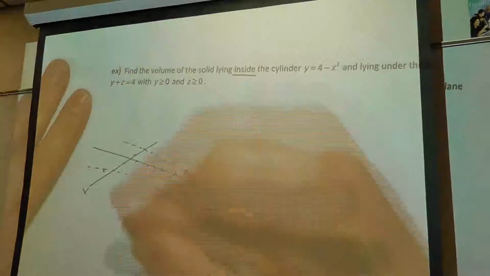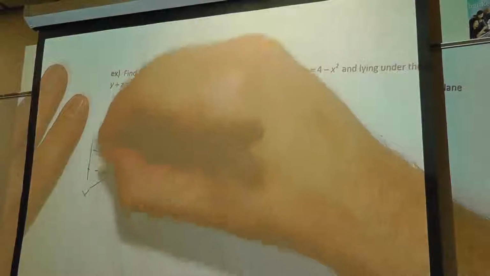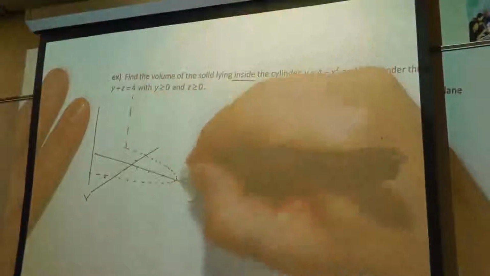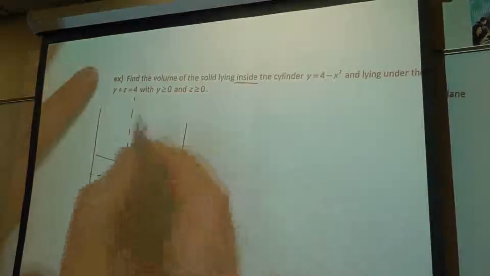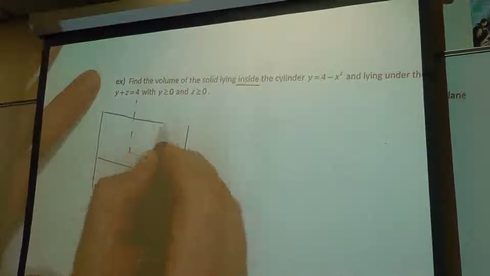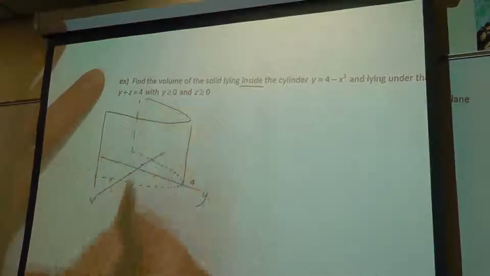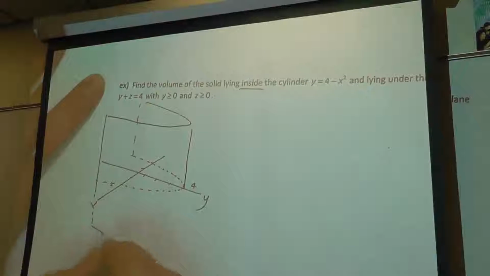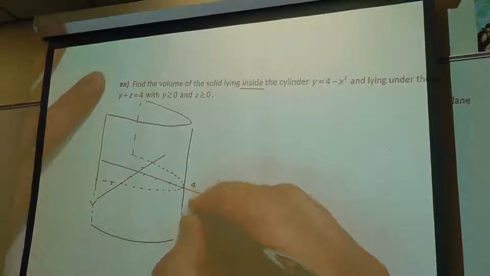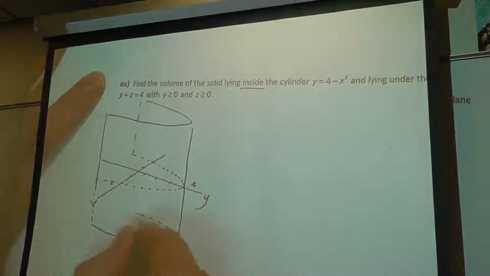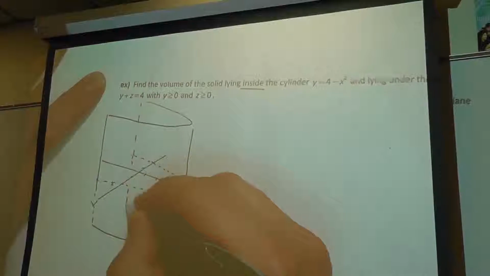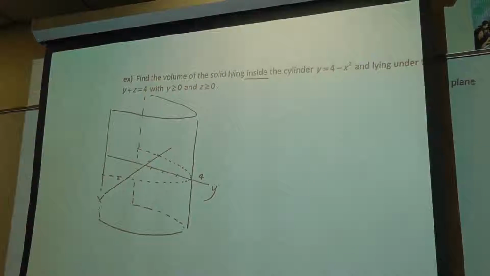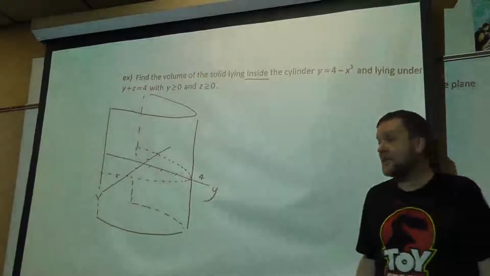So it looks something like this as you wrap it, so that every cross-section produces the exact same parabola you see down there in the xy plane. Can you see? Maybe. So it's kind of like that. And that's why it's described as a cylinder.